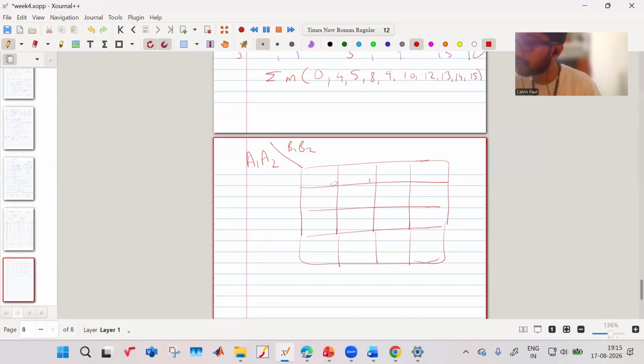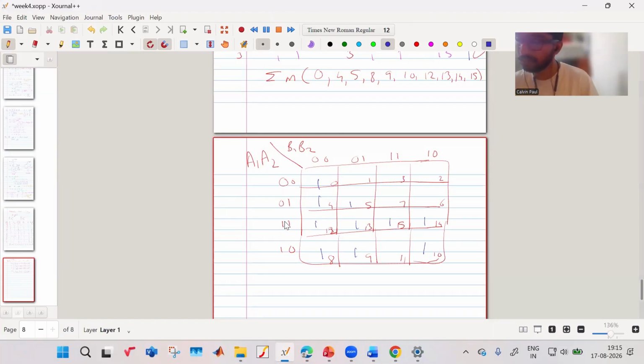Then you have 0 to 15, and the output column is 1 for 0, 4, 5, 8, 9, 10, 12, 13, 14, 15.